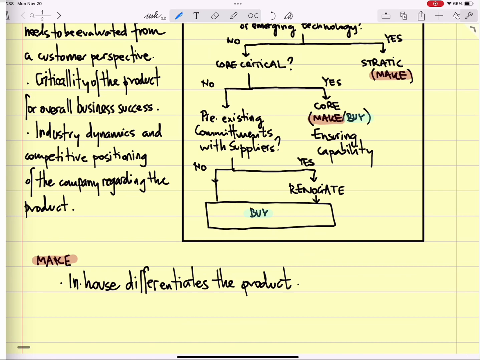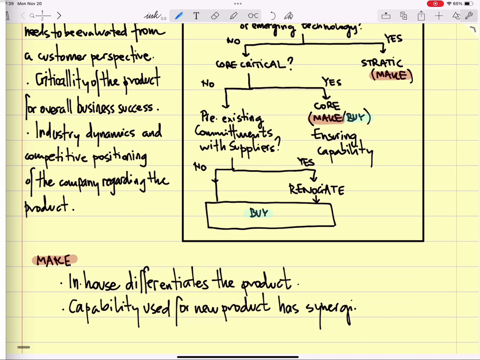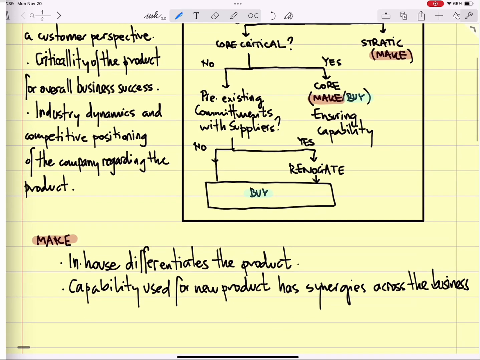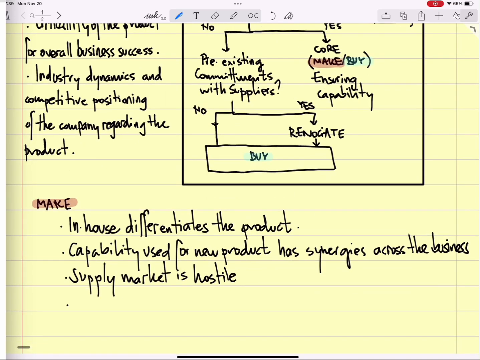The capability used for this product has synergies across the business, or the supply market is hostile, let's say it's controlled by suppliers or by competitors, or you need to push the technology into the market because some other competitor has it.